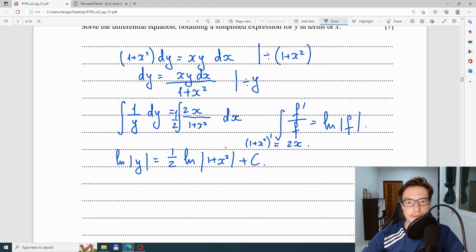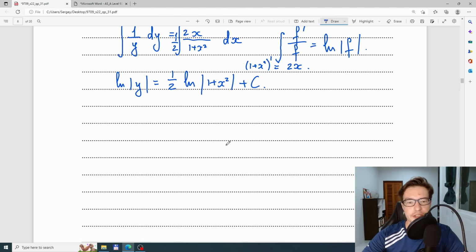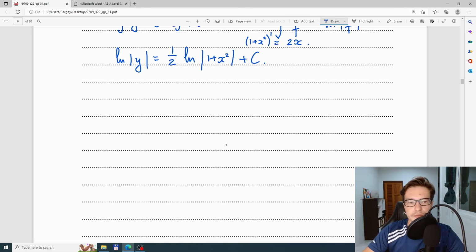Now let's find c. We know that y equals 2 when x is 0. So I can substitute 0, 2 into the equation, and I will get natural log 2 equals 1 over 2 natural log 1 plus c.